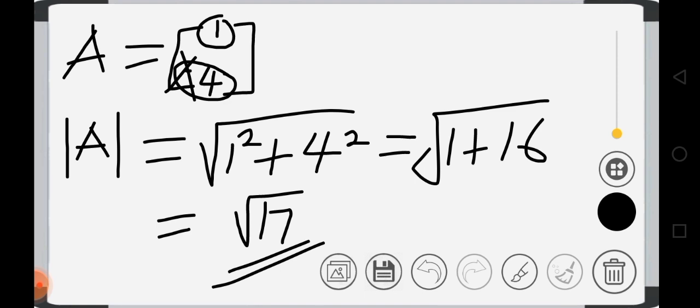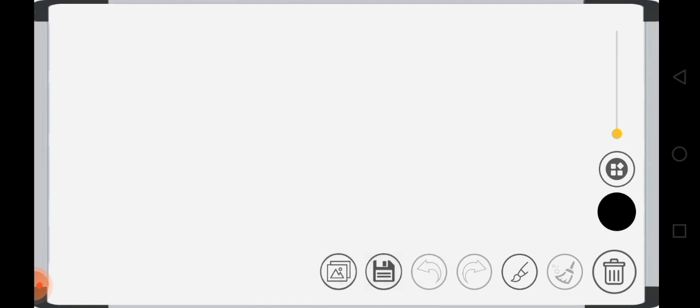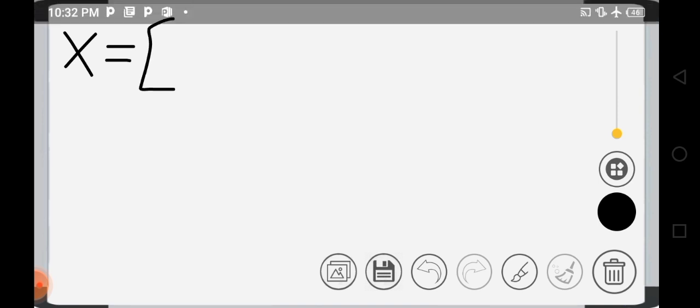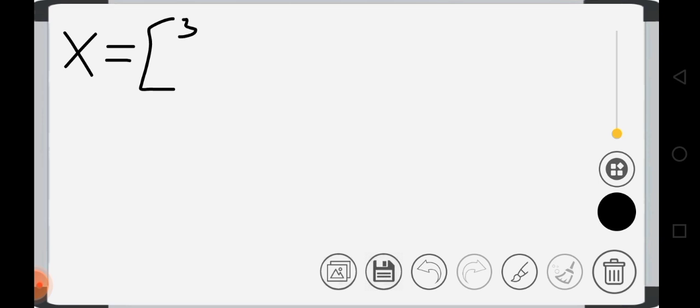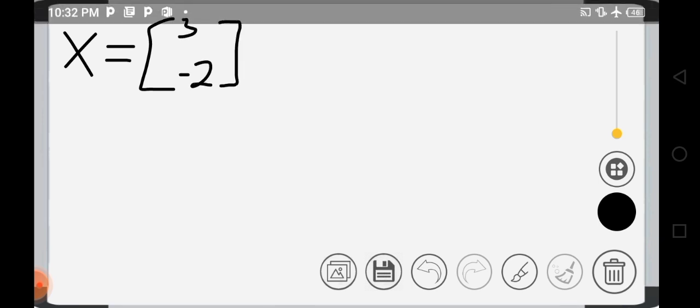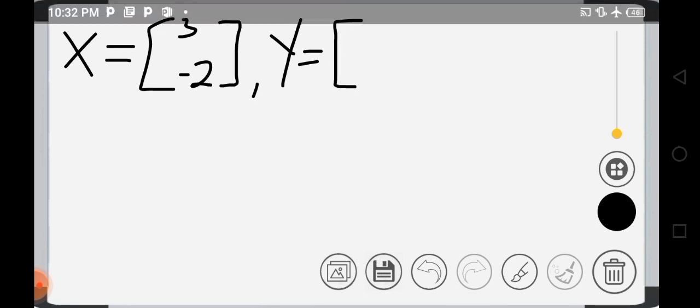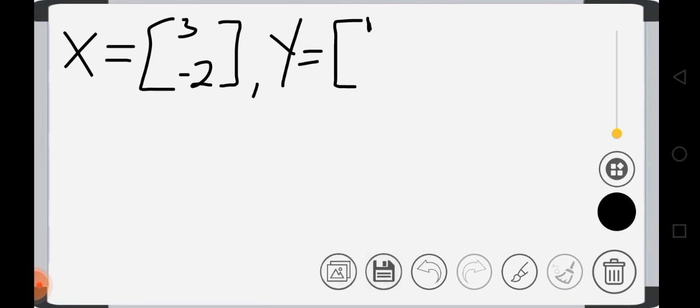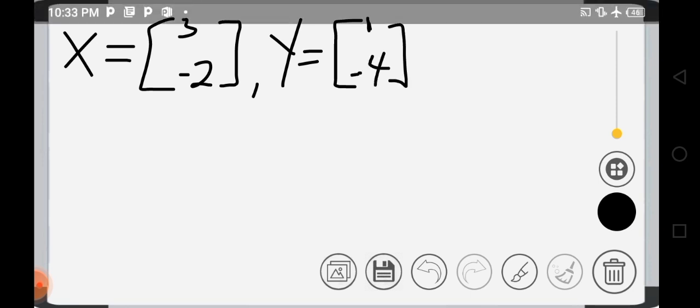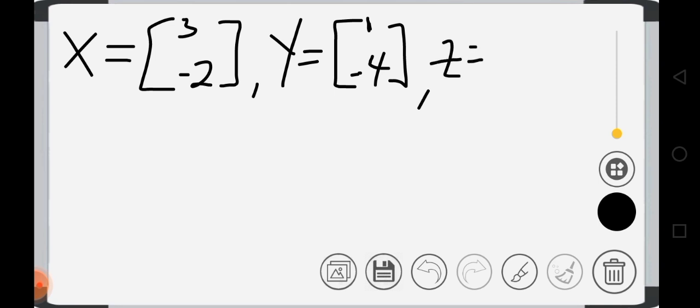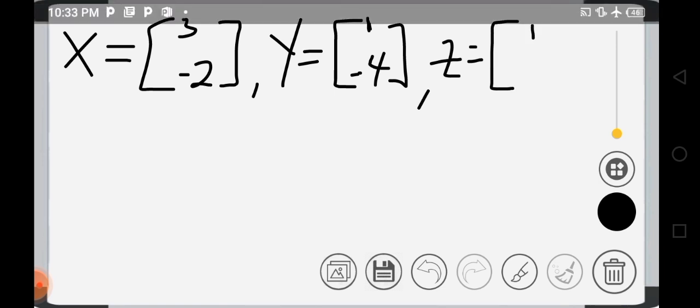Now let's look at this other question. Now let's say x is equal to 3 comma minus 2, and y is equal to 1 comma minus 4, and z is equal to 1 comma 4.